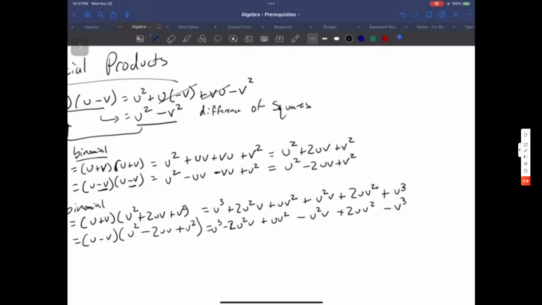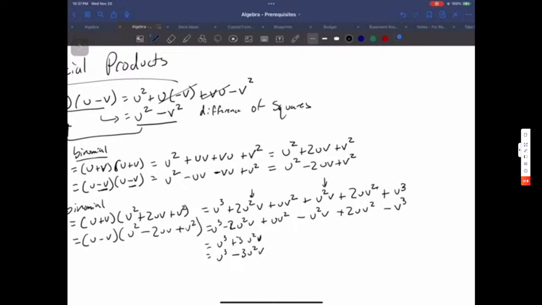And these two terms will add up or subtract. So you have u cubed plus 3u squared v, or u cubed minus 3u squared v.